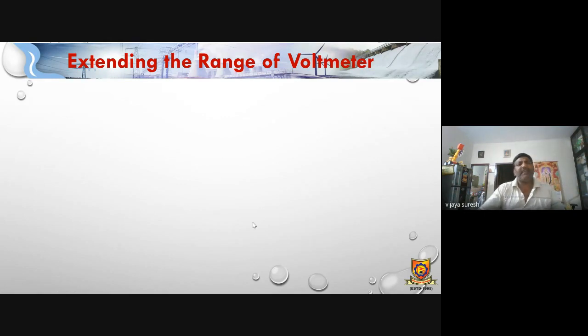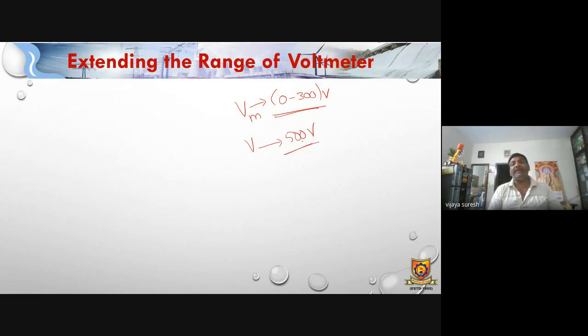Now a similar explanation can be given. I will give a voltmeter which will measure a range of 0 to 300 volts. This is how much voltage we can measure, nothing but the meter. Now I am giving the input voltage V as 500 volts. Is it possible to measure 500 volts with this voltmeter?